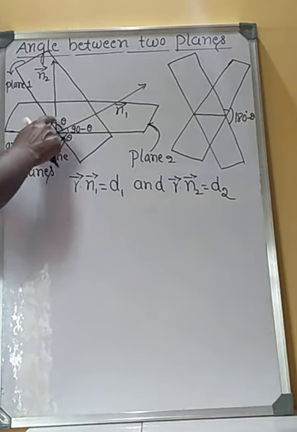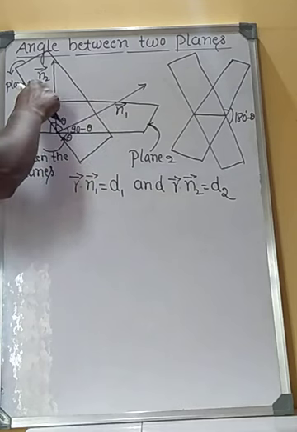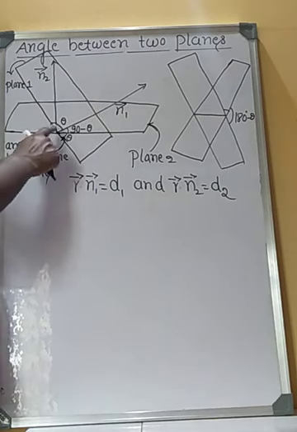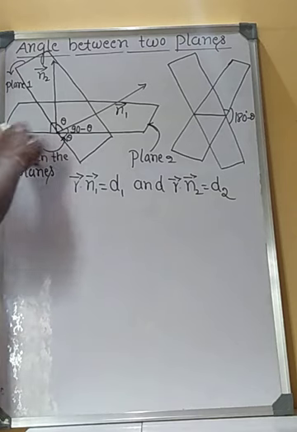Then theta is the angle between the normals to the planes drawn from the same common point.